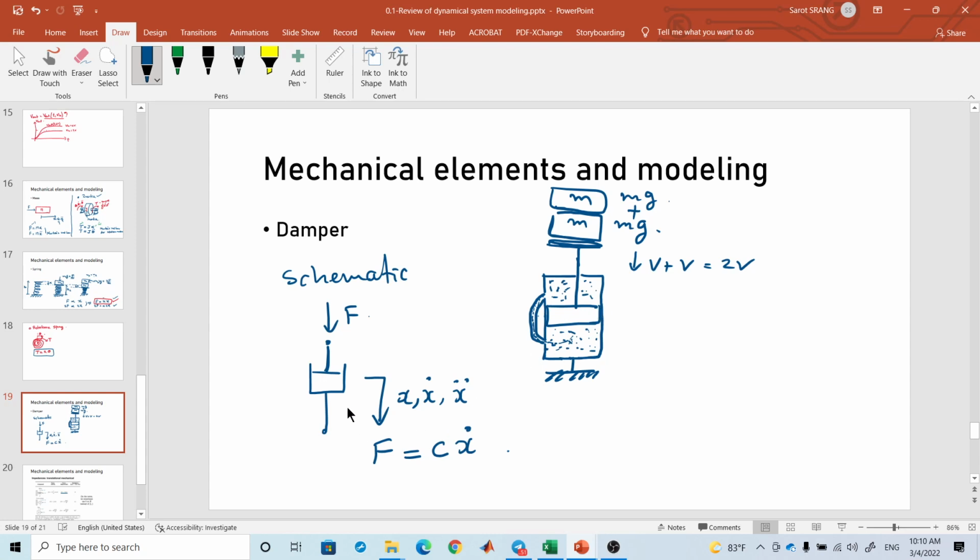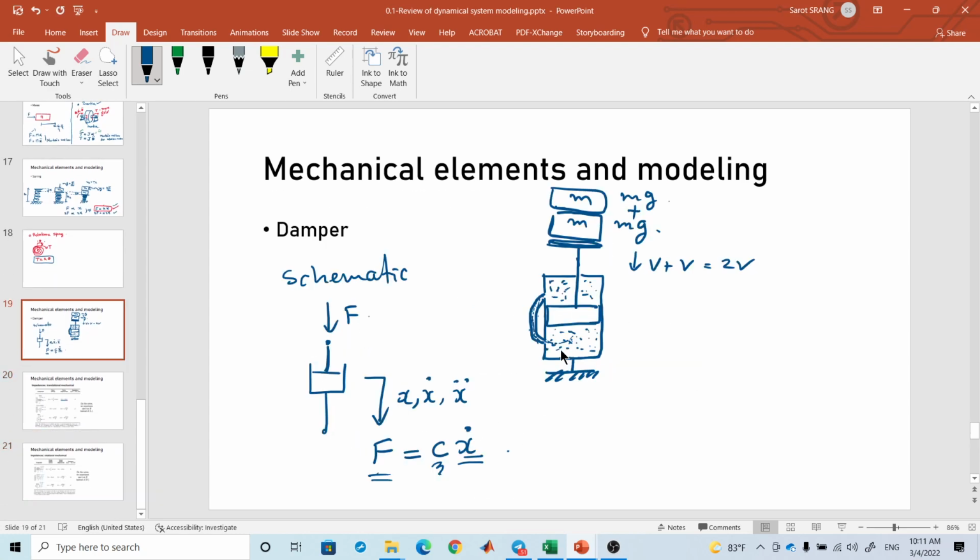By definition, force is proportional to velocity. If you put more force, it can fall faster. And C depends on the size of this tube. This is called a damper.